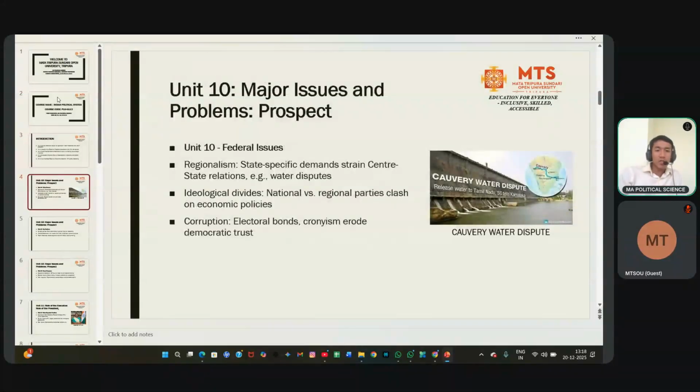Unit 10, federal issues: regionalism, state-specific demands, strains in center-state relations, water disputes. You see, the states have all separate demands.